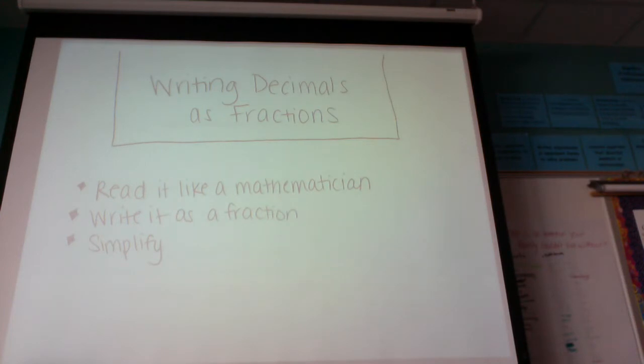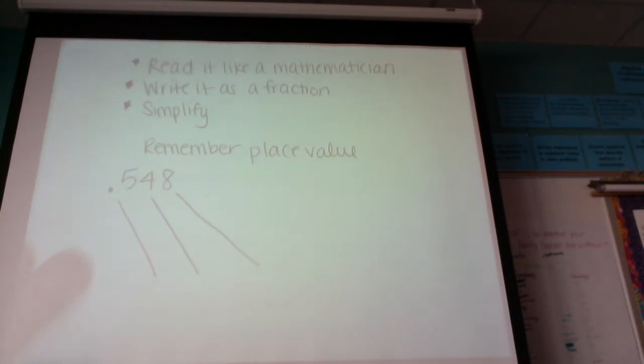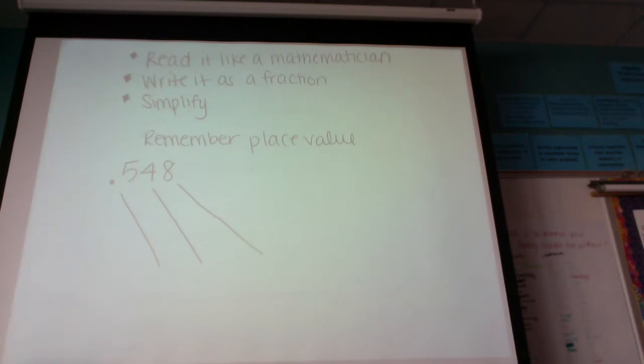So let's take a minute to review our place value, okay? So if I have the number here, and I'm not going to read it like a mathematician because I want us to get our place value down, but this 5 here, so 0.548, this 5 is in what place? Remember, that's going to be the tenths spot.